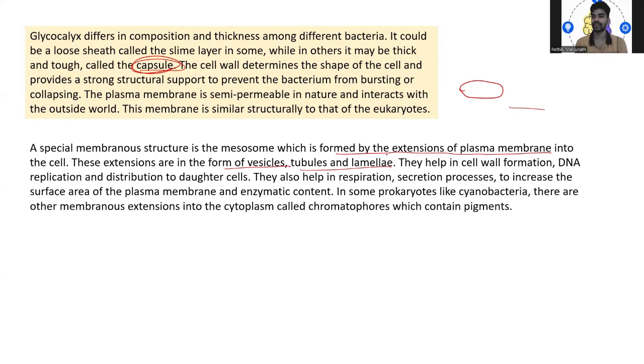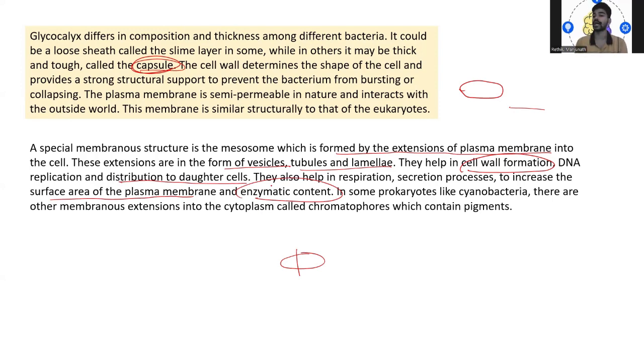They help in cell wall formation, DNA replication, and distribution of DNA to the daughter cells when the bacterium divides. They also help in respiration, secretion, and increasing the surface area of the plasma membrane, and contain many enzymes.